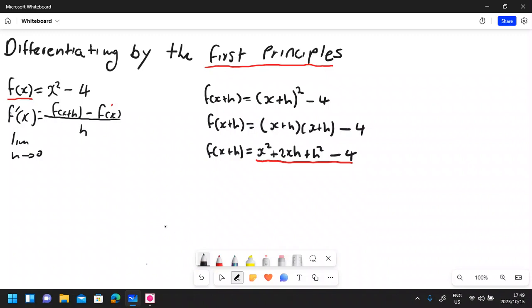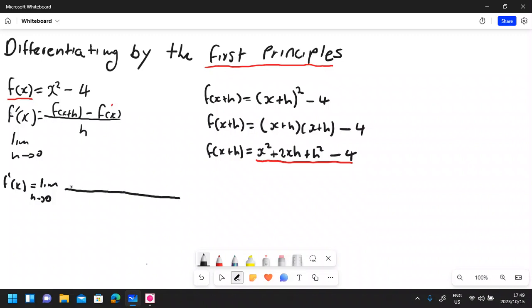So guys, let's continue. Now remember, you still write f of x prime. Remember, prime represents that we are differentiating, the limit as h approaches 0. Now let's draw our line. It's going to be a bit longer. So f of x plus h, remember, is x squared plus 2xh plus h squared minus 4.